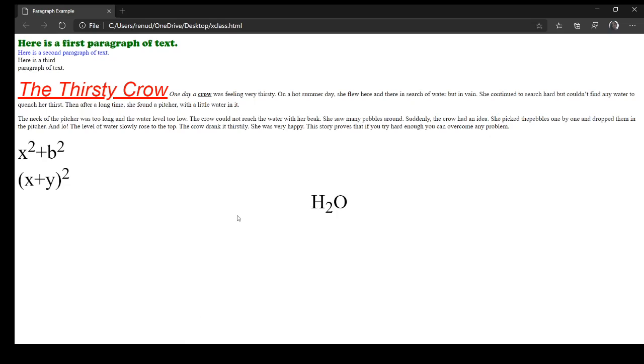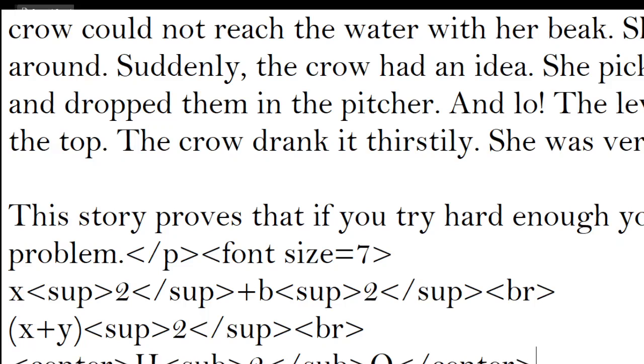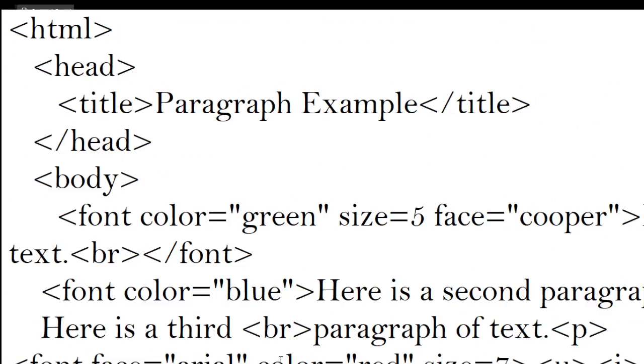For example, we want thirsty crow in center, and after that we want this one day to start in the next line. Then what can we do? Again you can minimize your web browser here. Again open your notepad, and for example, where is our thirsty crow? Here. So we want the thirsty crow in center.